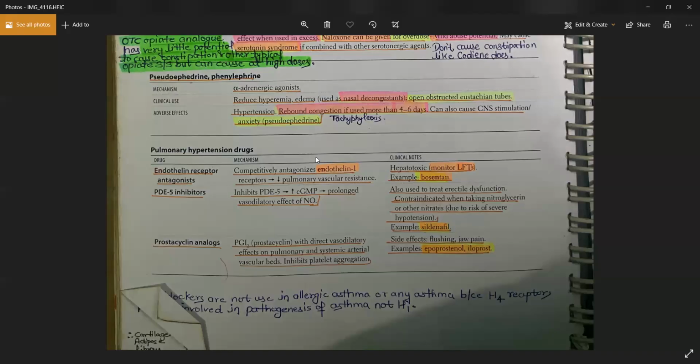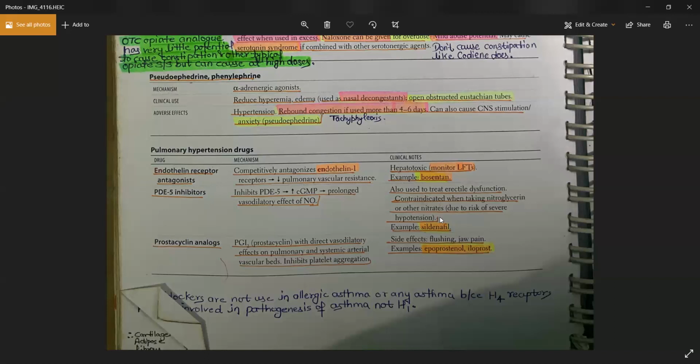The first one is the endothelin inhibitor, which is bosentan. The second one is the PDE5 inhibitors, like sildenafil, for example. And the contraindications of this drug you already know. If you're taking any nitrite or any other vasodilatory agent, you cannot use this drug, because it will cause profound hypotension in the patient.